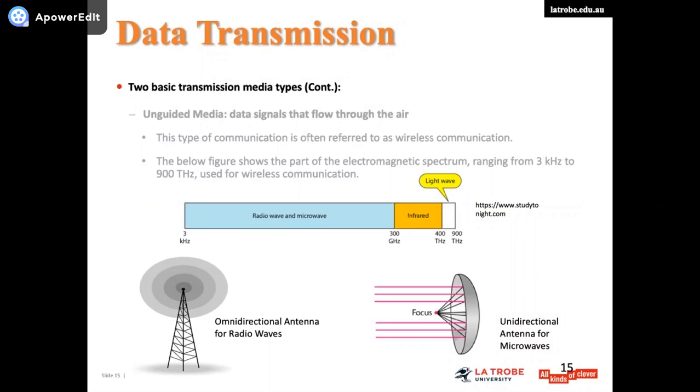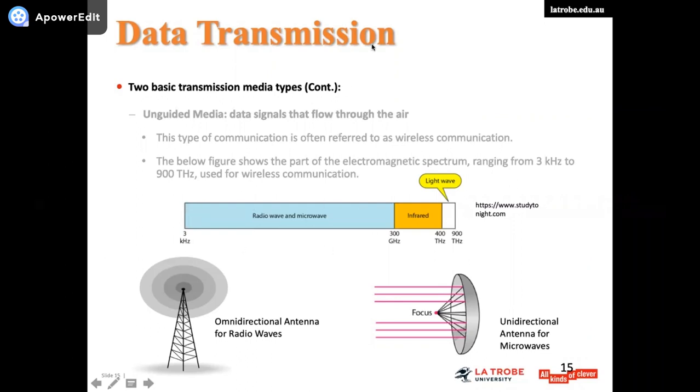When it goes to very high, like 5 or 50 gigahertz, that is the microwave range. Even higher, up to 400 terahertz, is light wave. Even for light wave, we have light communication these days, but that's very special. So this will give you some hint about wireless communication.